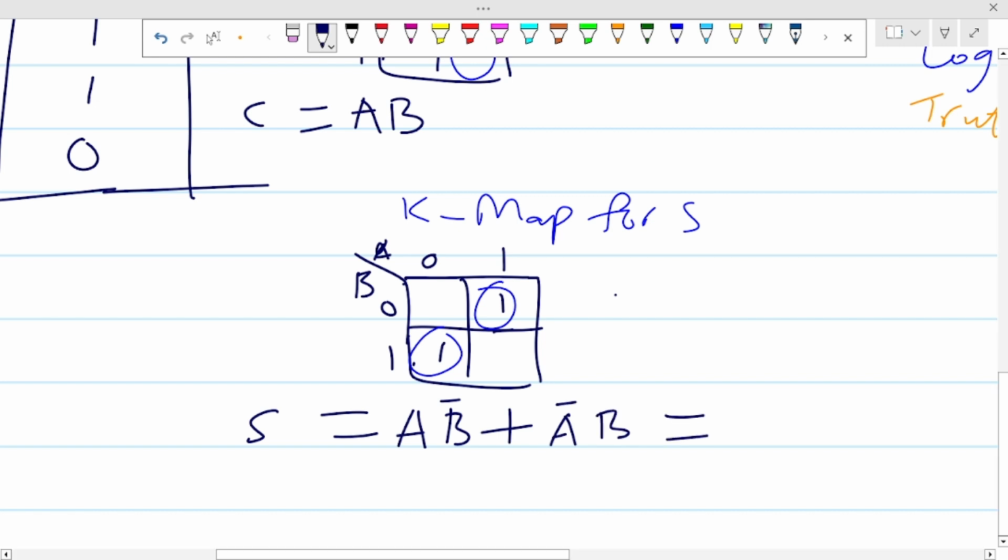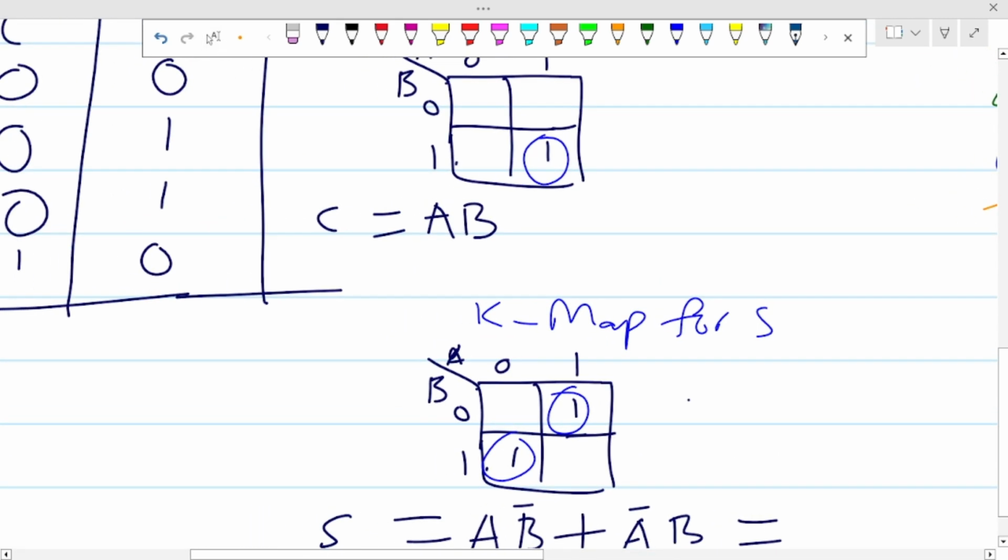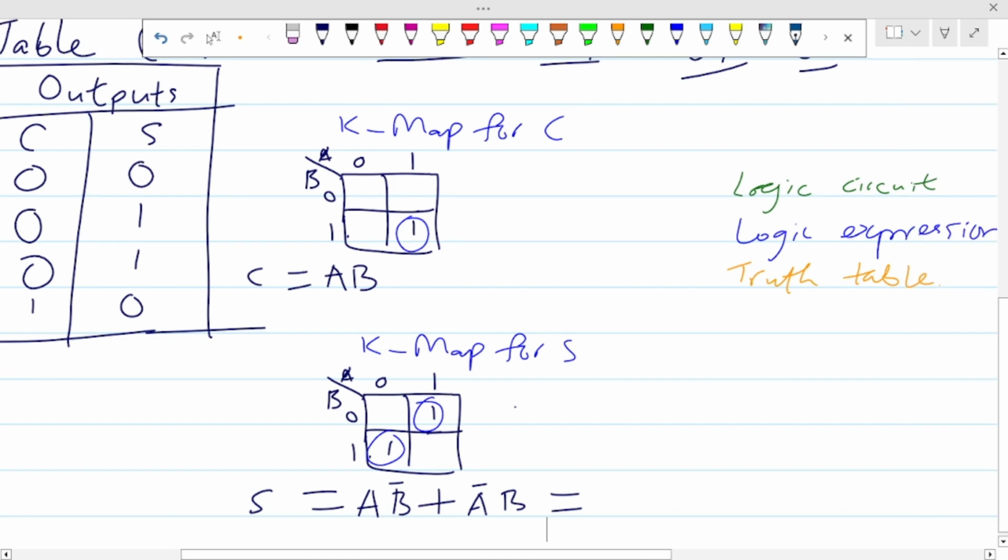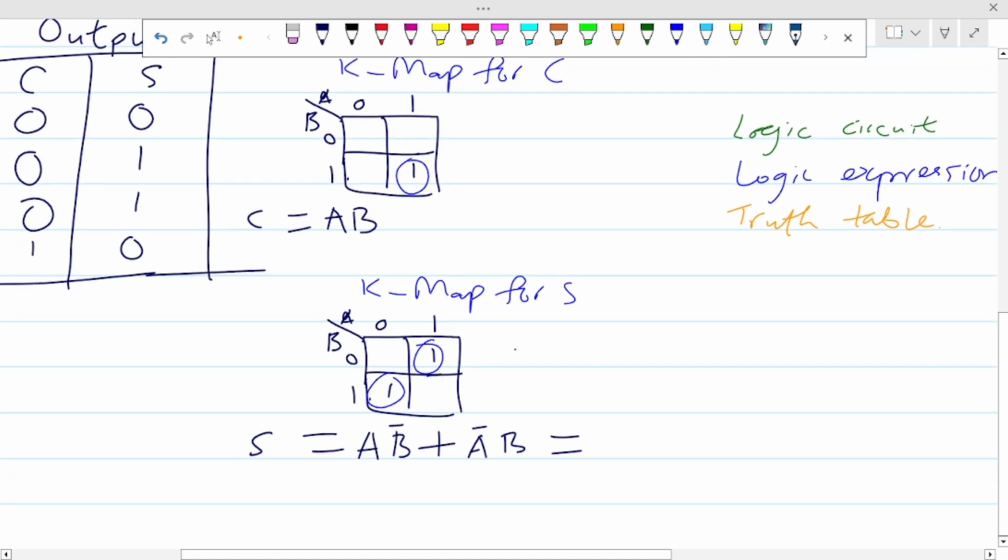Now this thing where you have one part of it, this is kind of the opposite of this, because at this point you have A, at this point you have A bar, at this point you have B bar, at this point you have B. So this kind of expression, when you add them like this, is an exclusive OR.